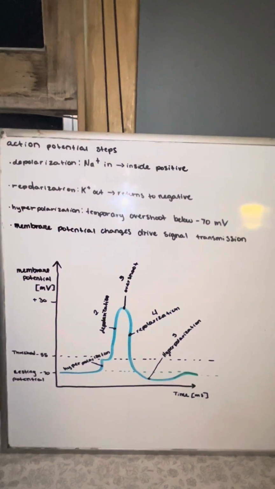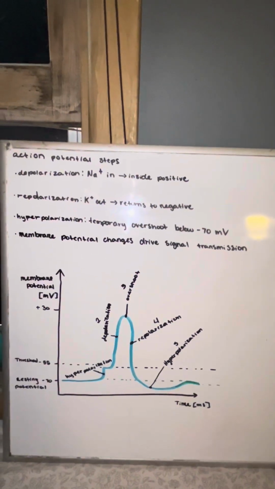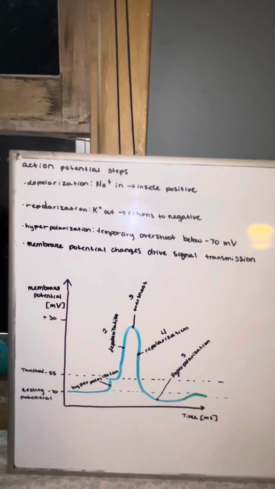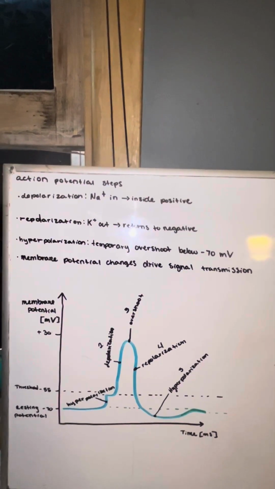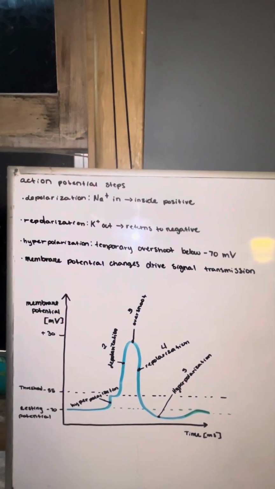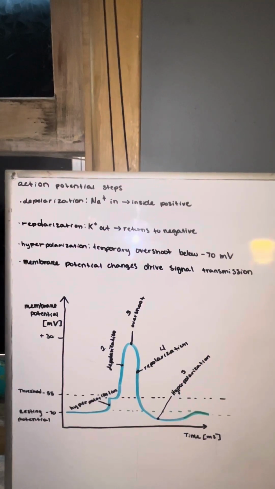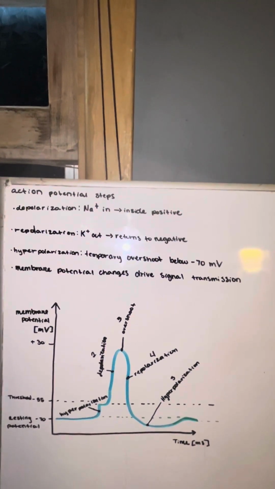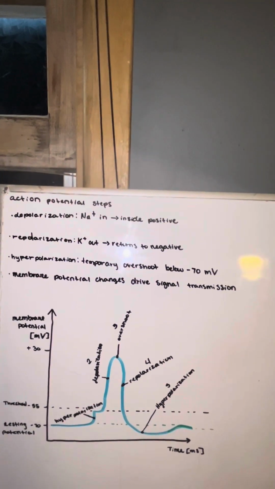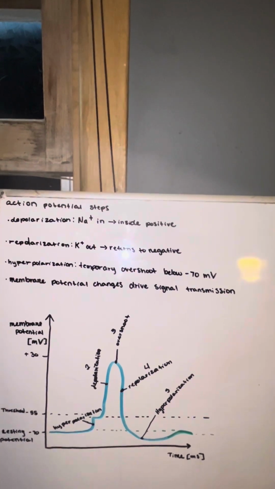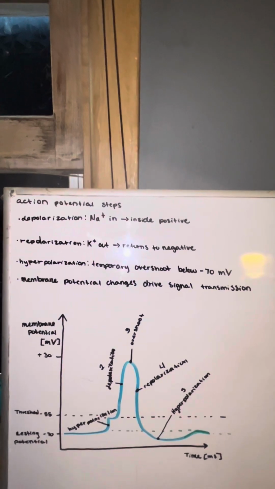Next, let's talk about action potential steps. Once threshold is met, the action potential begins. First, depolarization. Sodium channels open, Na+ rushes in, making the inside positive. Second, repolarization. Sodium channels close, potassium channels open, K+ flows out, restoring negativity.